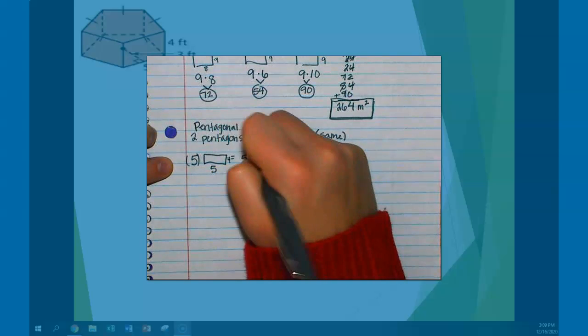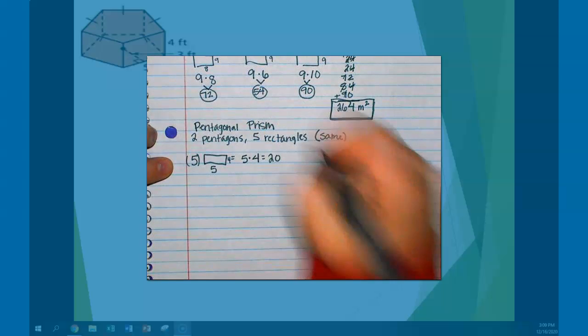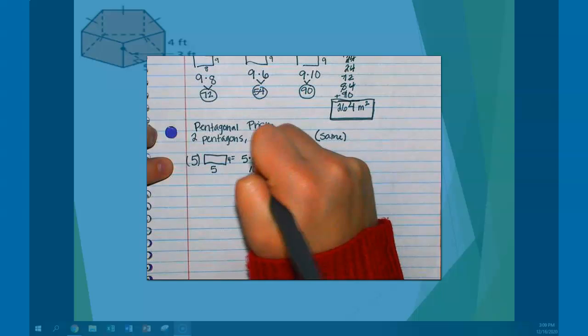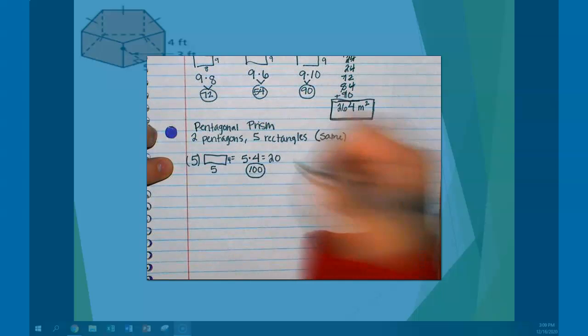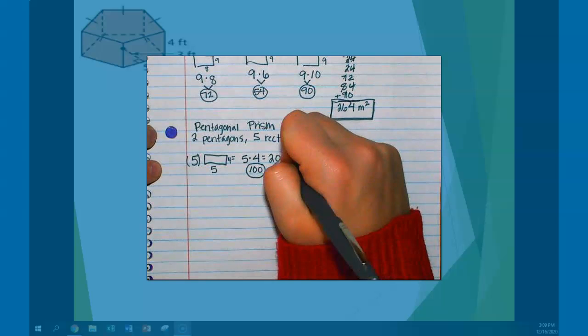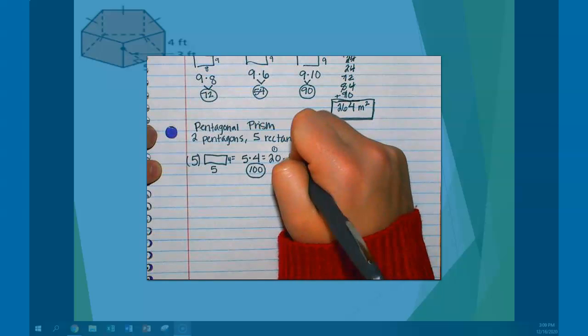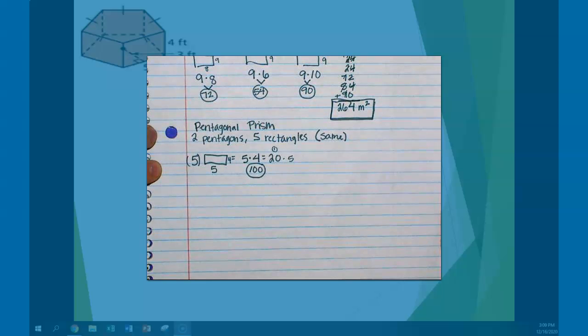So 5 times 4 gives us 20 for one of them, so all 5 of them would be 100. You could write out 5 20s, or say it's 100 for 5 of them, because 20 for one, times 5, gives a total of 100.